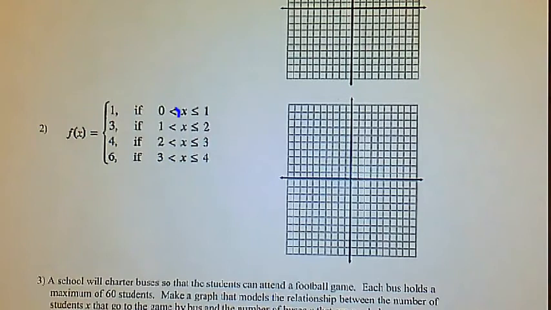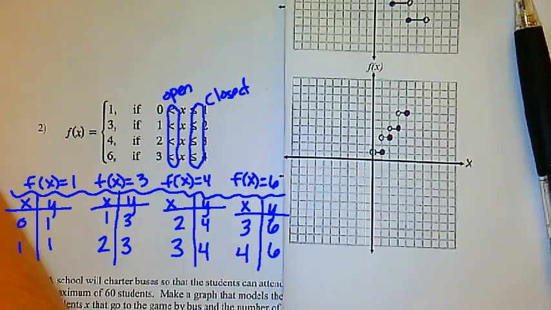So now we have this side is all going to be open, and this side will be closed, and that is what your step function would look like. Again, I used my parameters, my domain, and these only have 2 coordinates. So that's why I showed you.